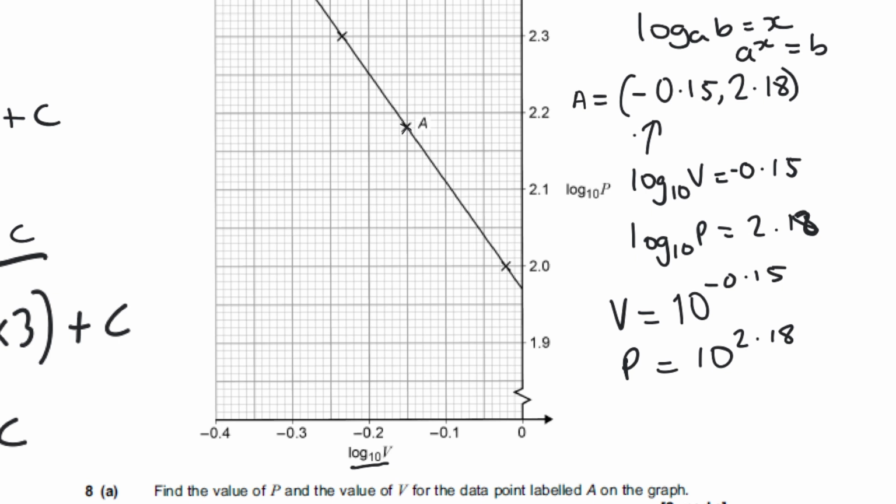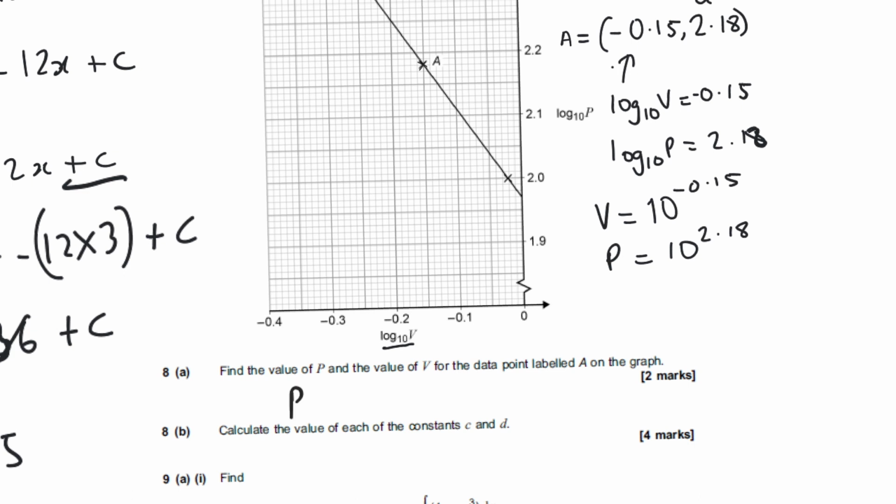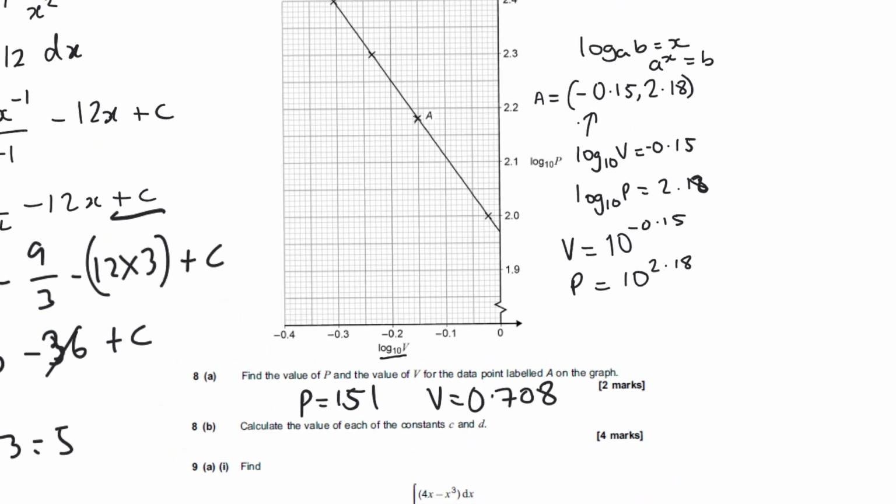So just put them into your calculator. For your value of p, to three significant figures, you should get 151, and your value of v to three significant figures should be 0.708.